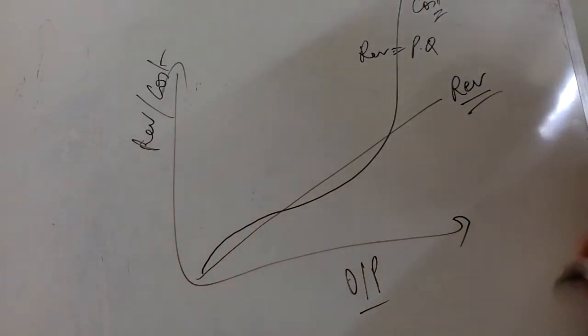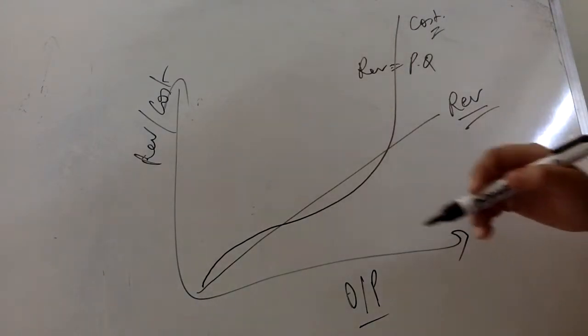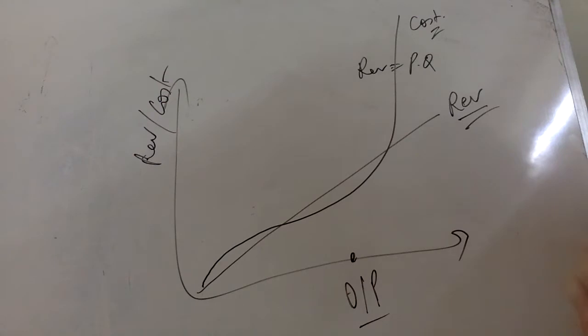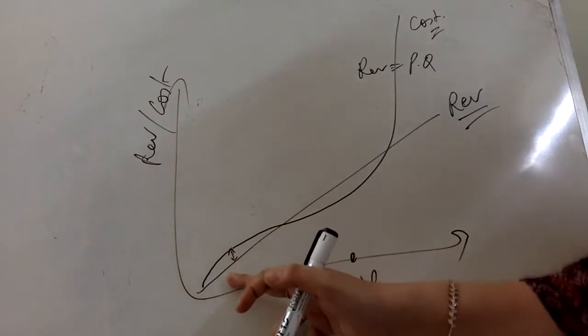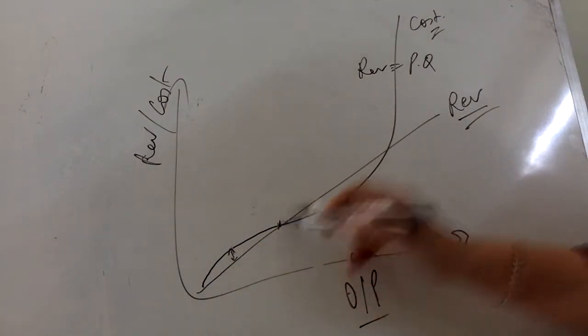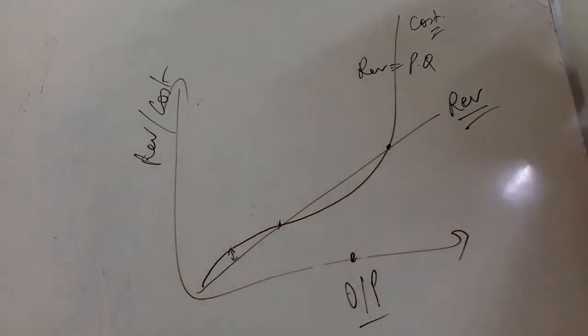Now we'll understand where the difference between revenue and cost is maximized, which means the profit is maximized. Let's take different points and check at what output my profit will be maximized. Here we see there is a negative profit, cost is exceeding the revenue. At this point and this point, revenue equals cost, which means profit is 0.